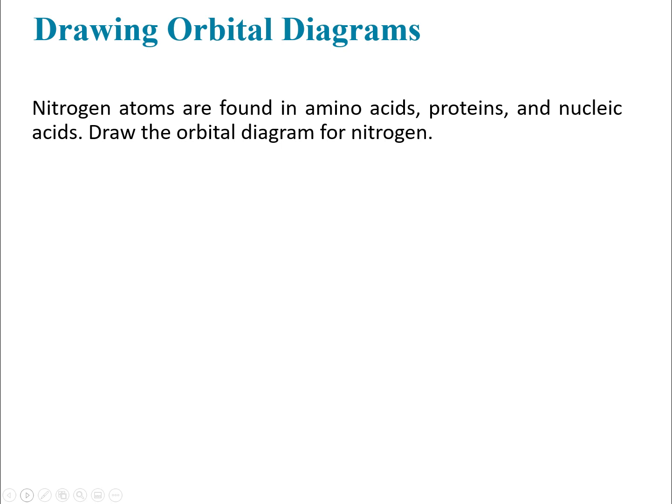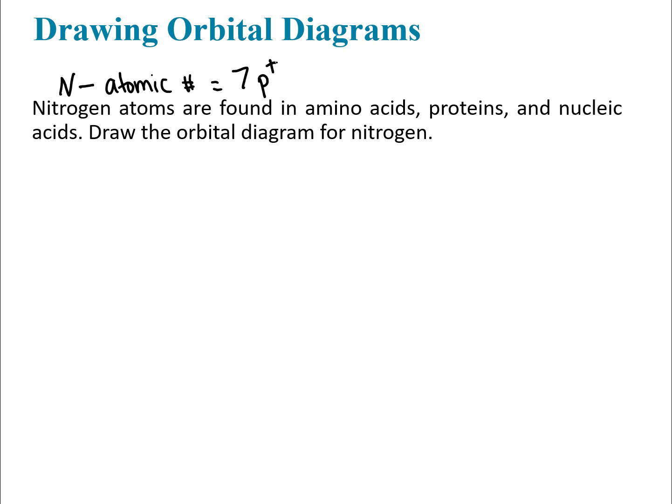So you're going to pull out your periodic table and you're going to find nitrogen. Its symbol is a capital N. When you do that, you're going to find the atomic number for nitrogen. Its atomic number is 7, which means that there are 7 protons in the nucleus of a nitrogen atom.